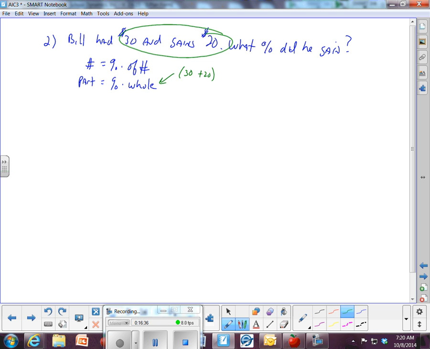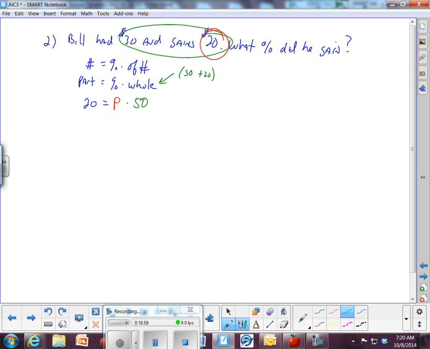Alright, actually, my bad. He gains 20. We want to figure out the percent that he gained. We have to say 20 is what percent of 50. So the part is 20. It's the gain. We're looking for the percent. And what's the whole here? 50.